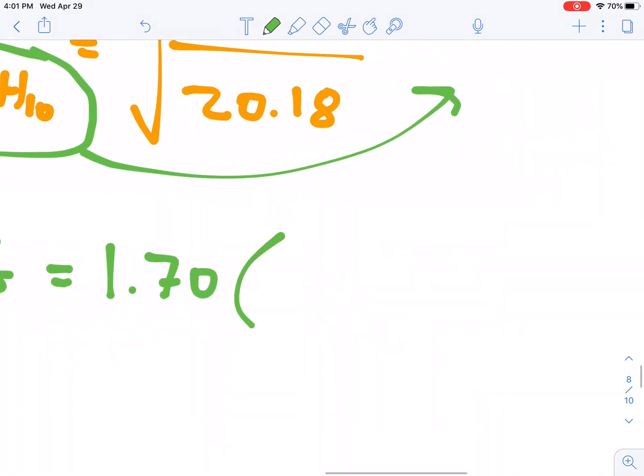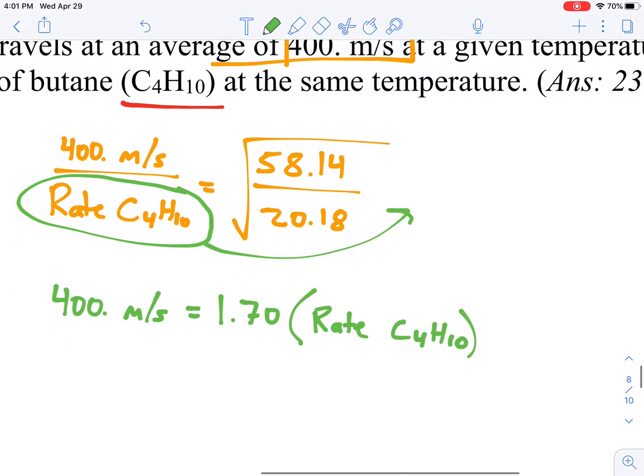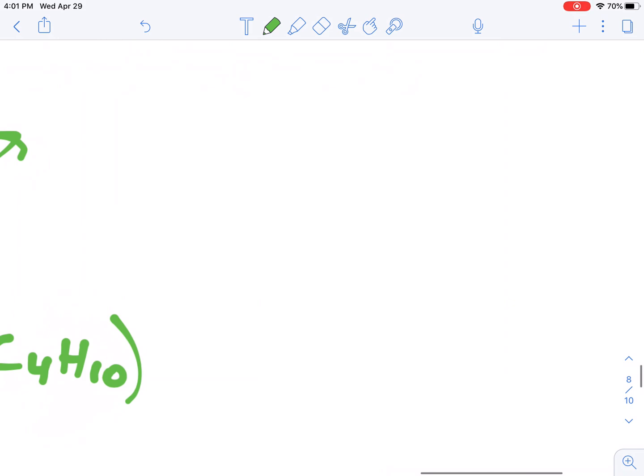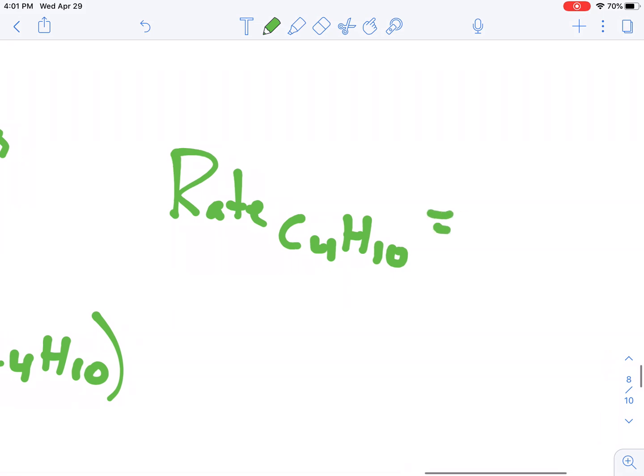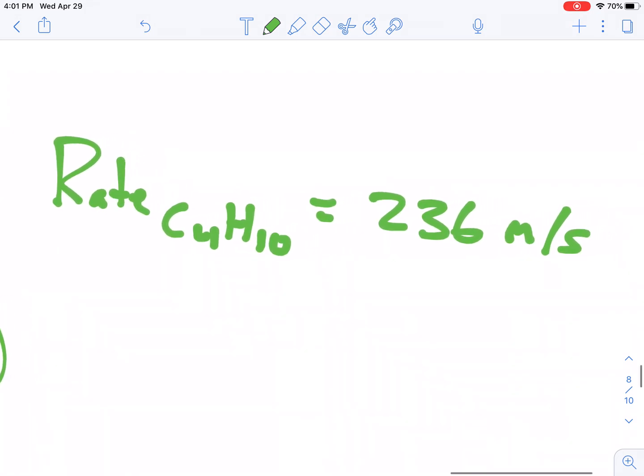And now that is times the rate of butane, C4H10. Obviously now all we have to do is divide away 1.70, and so we're left that the rate of butane, C4H10, and this is ultimately what we wanted to find, is equal to 236, and the units that are uncancelled are meters per second.